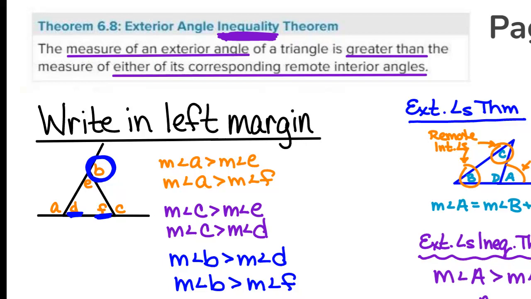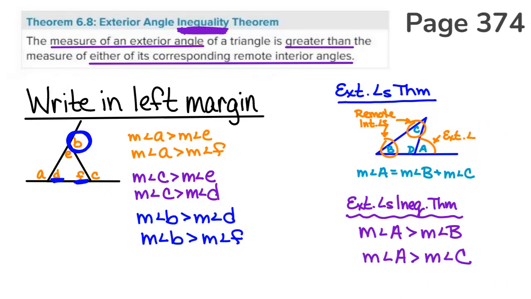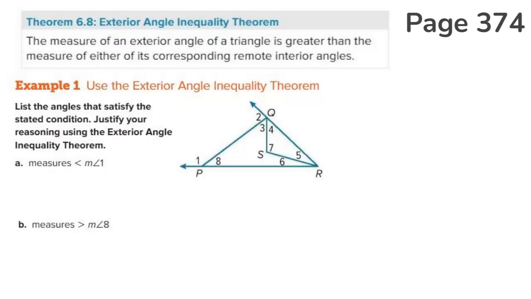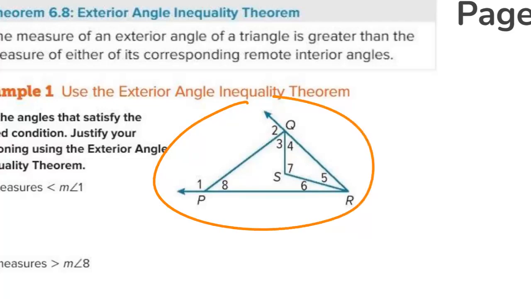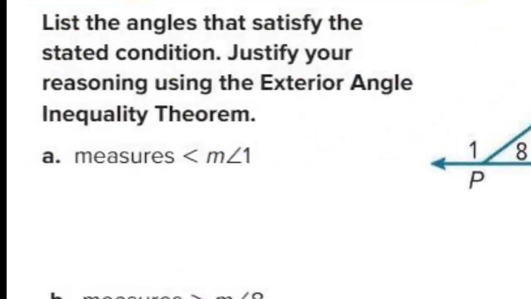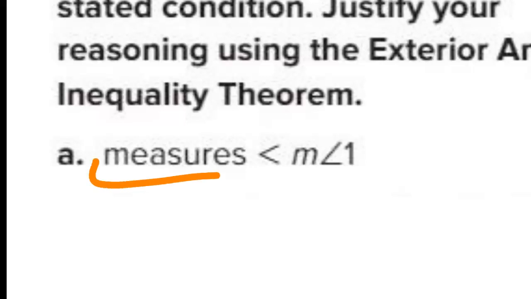I want to look at example number 1 that's in your book now that we kind of know what that inequality theorem is saying. So example number 1 in the book has this picture right here. And the first thing they're asking me to find is this. You guys remember your alligator rules from elementary school with your inequalities?